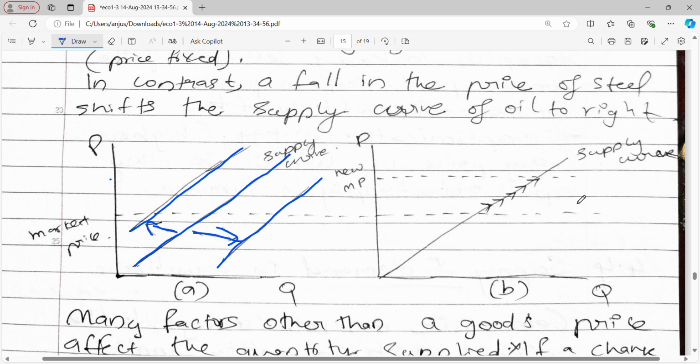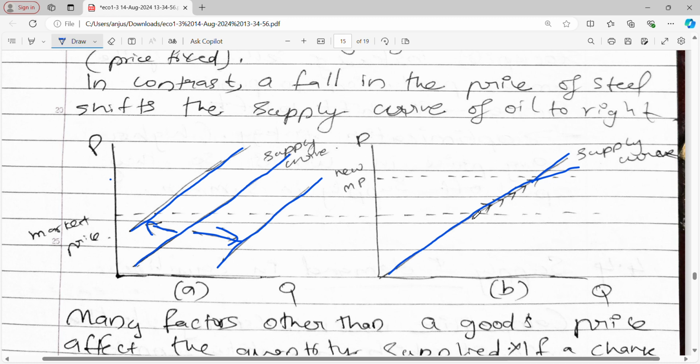So next is movement along the supply curve. Here, if the good's own price changes, not any other factors or any input, then the supply curve will not shift, it will move along the curve.